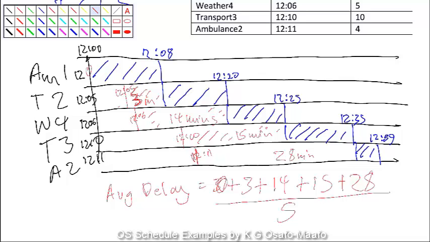And the answer, 60 divided by 5 is 12. So let me just double check.